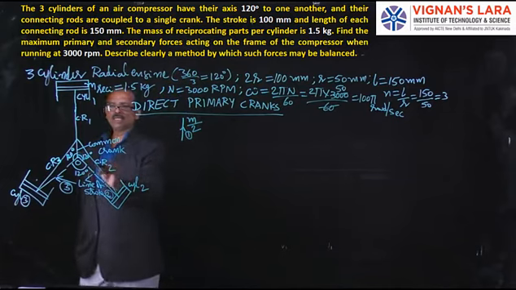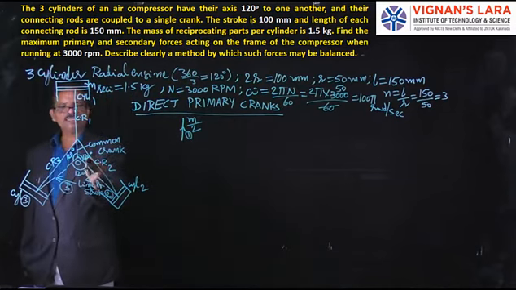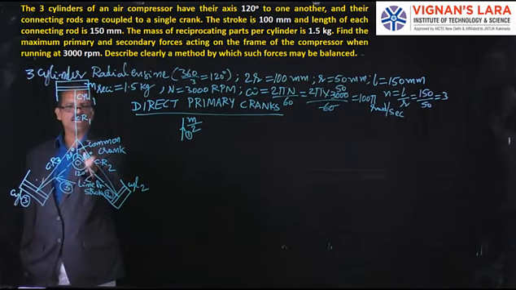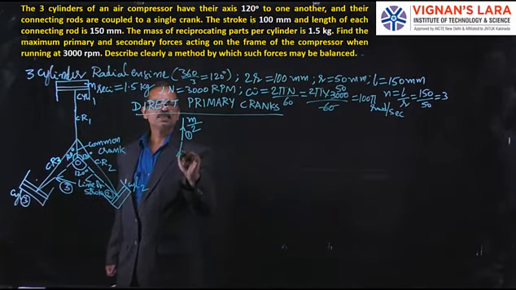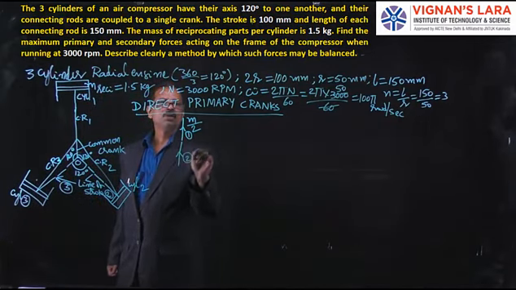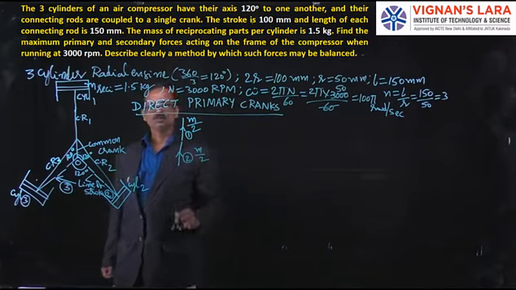Then coming to cylinder 2, the crank is here at 120 degrees from the line of stroke, and the direct crank for this is also here, m by 2.